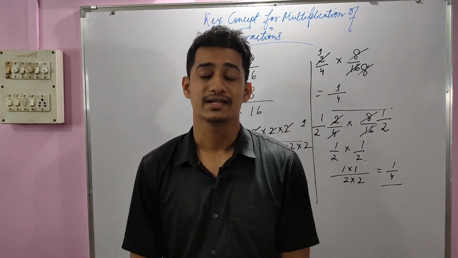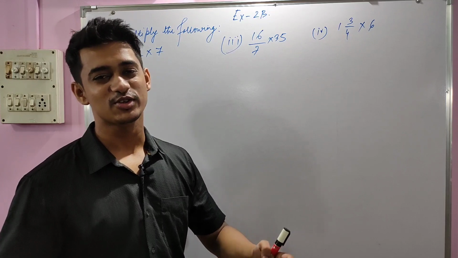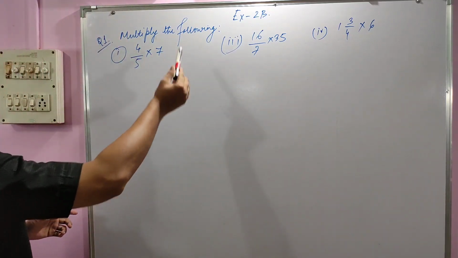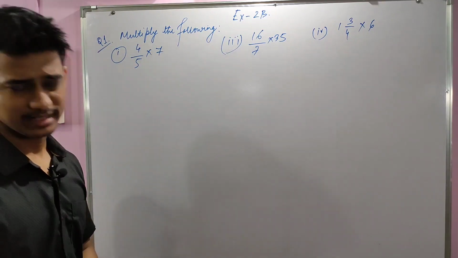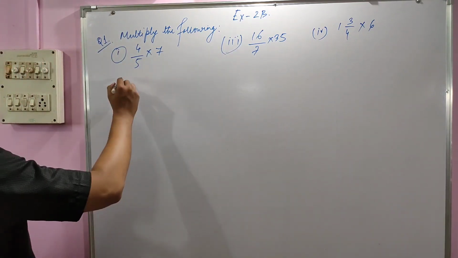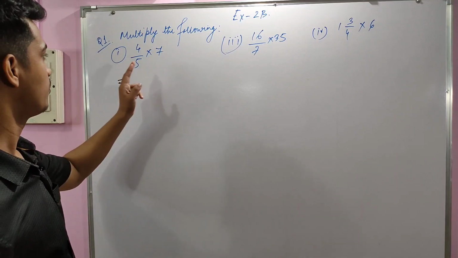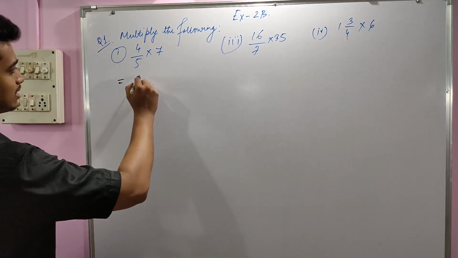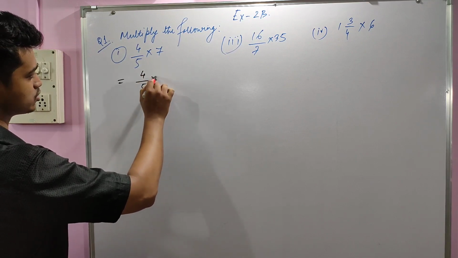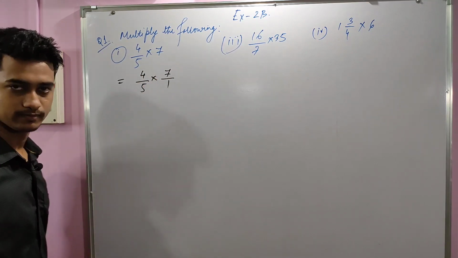So let's start exercise 2b. The first question of exercise 2b is multiply the following. So what is the first question? That is 4 by 5 into 7. Now, as I have told you earlier, 4 is in the numerator and 7 we can write as 4 by 5 into 7 by 1, right?